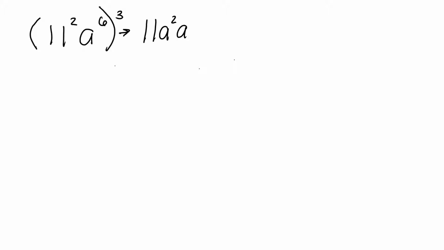Last problem. We're going to do 11 squared a to the 6th raised to the 3rd power. If we decide to write it out long ways, I have to break it apart 3 times because that's my outside exponent.